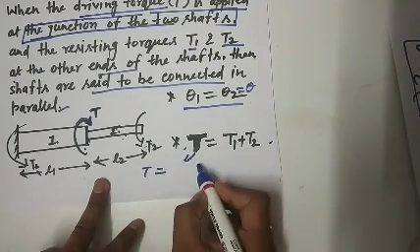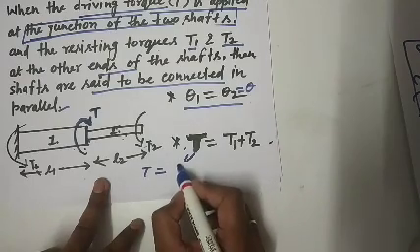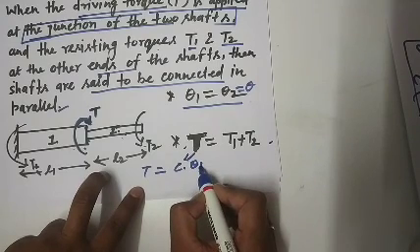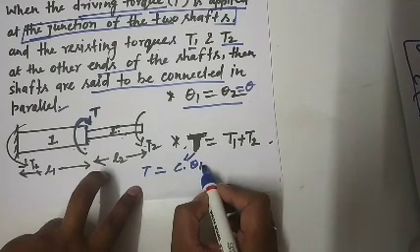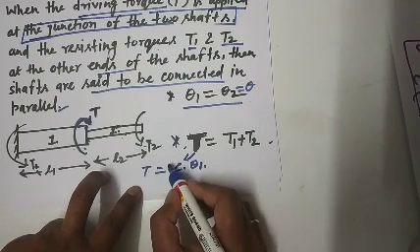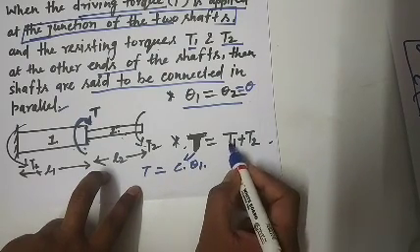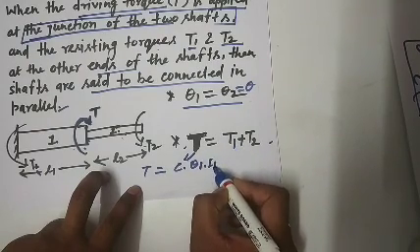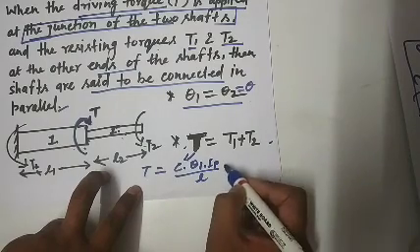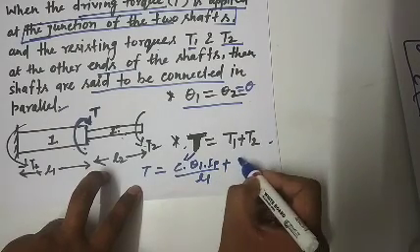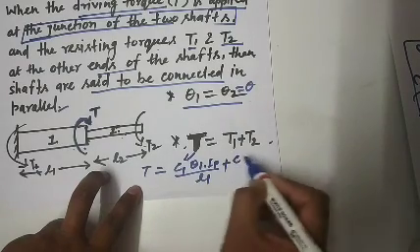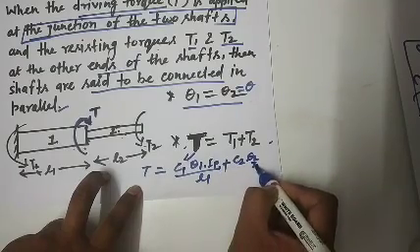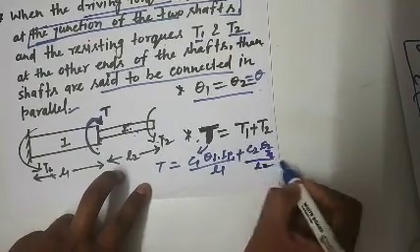T will be equal to T1 plus T2. Since T upon IP equals C theta by L, T equals C1 theta 1 IP1 upon L1 plus C2 theta 2 IP2 upon L2.